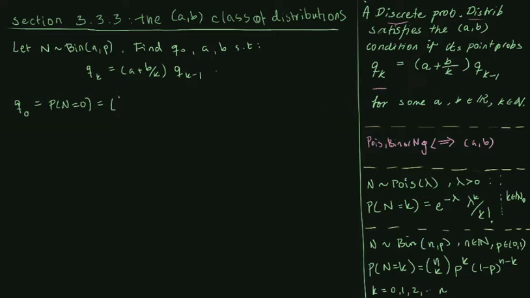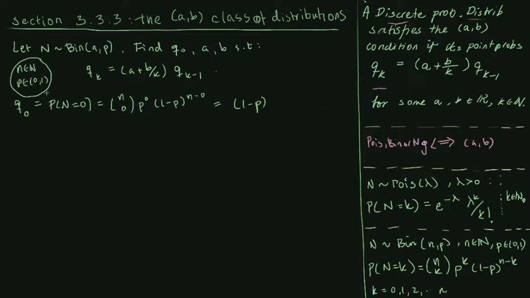That is n choose 0 multiplied by p to the 0 multiplied by 1 minus p to the n minus 0. So this thing is just 1 minus p to the n. Recall that we have to assume that n is natural and that p lies between 0 and 1.